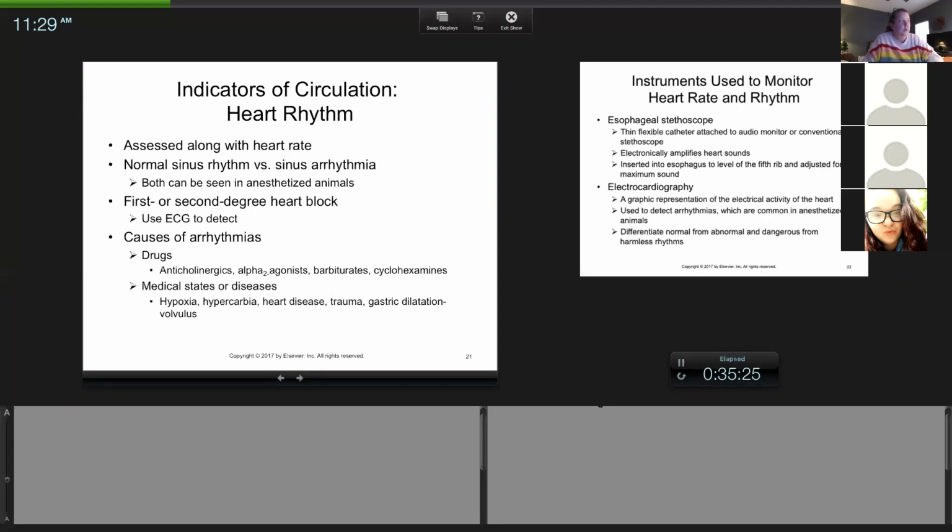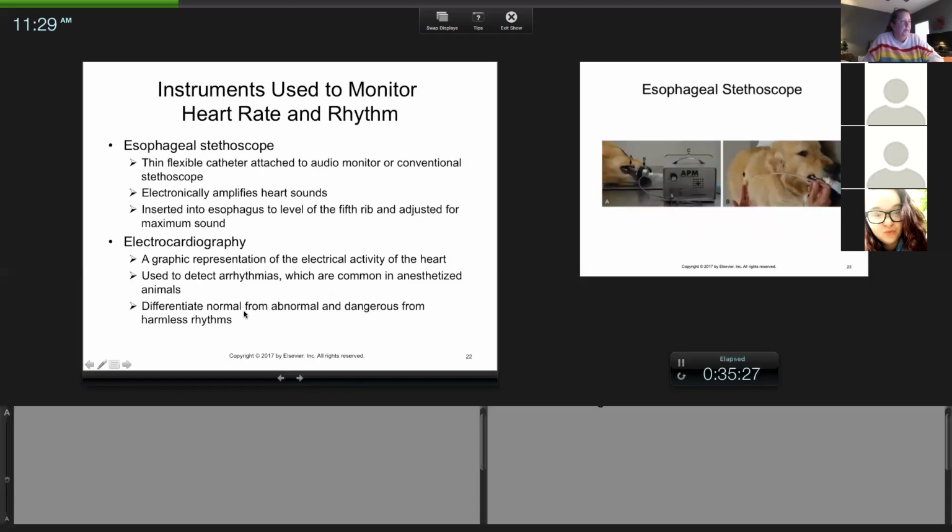Also hypoxia and high CO2. I want to stop here because I want to talk a little bit more about these monitors. I already kind of explained the esophageal stethoscope to you, but we'll pick up here.